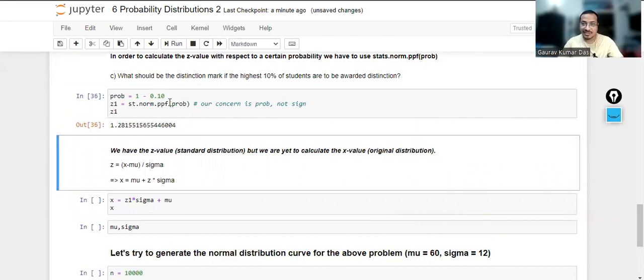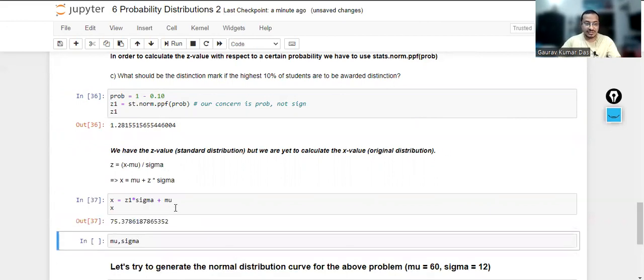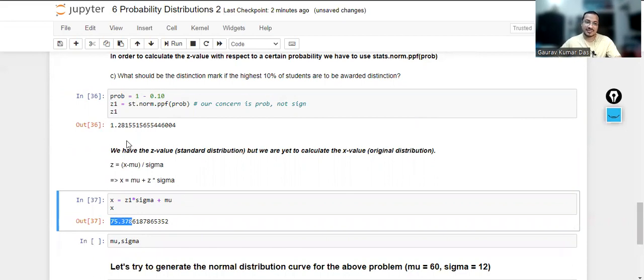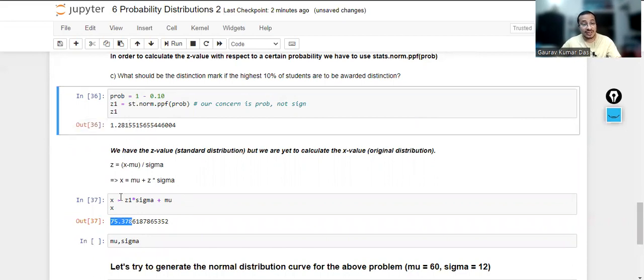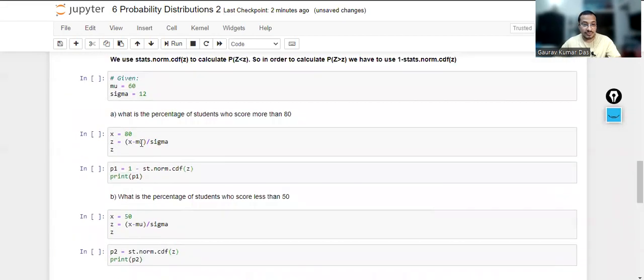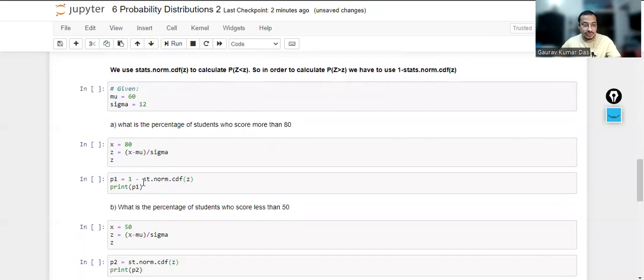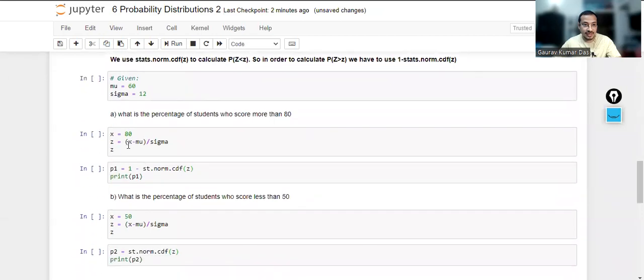The Z will become positive. Same thing. Now I can run and check that my X has to be 75 marks, because this is on the Z scale and we want it in the original scale: 75 marks, right? So very few people scored more than 80, right?